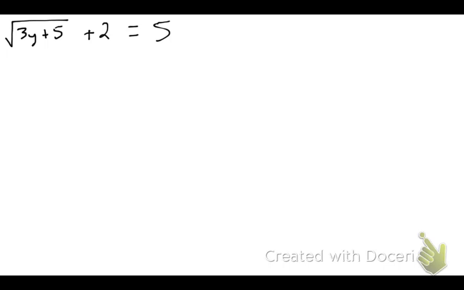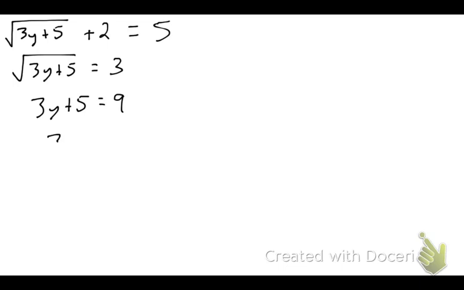Well, I hope you hit pause. We need to isolate the square root by subtracting 2 from both sides. So the square root of 3y plus 5 equals 3. If you square both sides, you'll get 3y plus 5 equals 9. Subtract 5 from both sides, so 3y equals 4. Divide by 3, y equals 4/3.